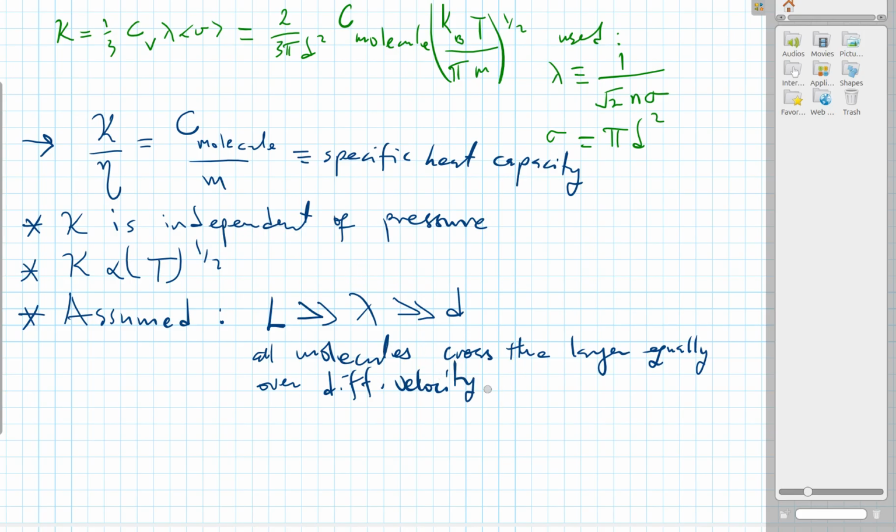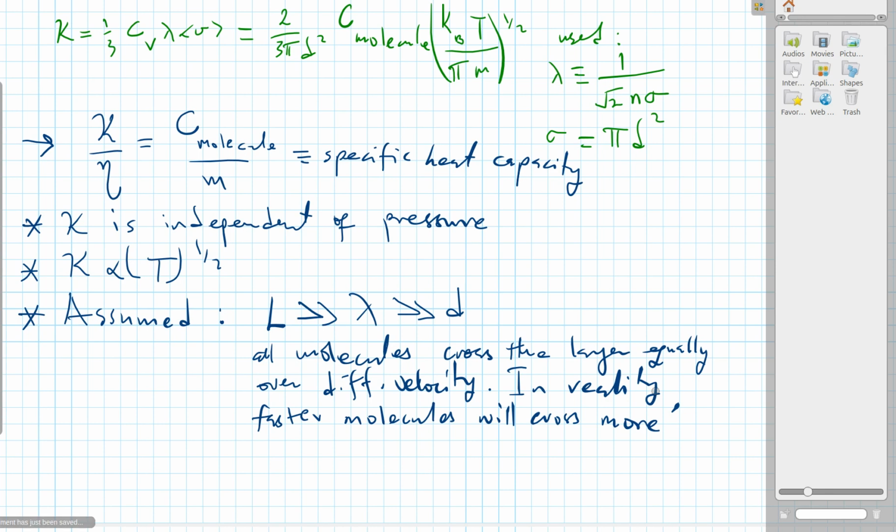But in reality, this is not the case. In reality, faster molecules cross more. Faster molecules will cross the layer more often than the slower ones.